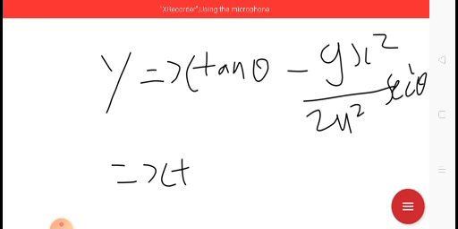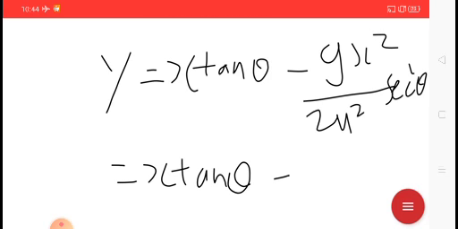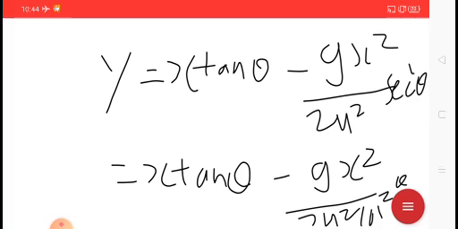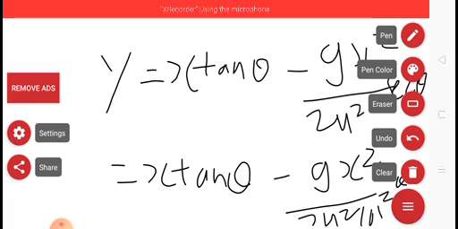Your formula booklet should have x tangent theta minus g x square over 2u square cos square theta. They are the same, right? This is the equation that you may use, but it's not compulsory. But if the question asks you to use it, then you have to use it.